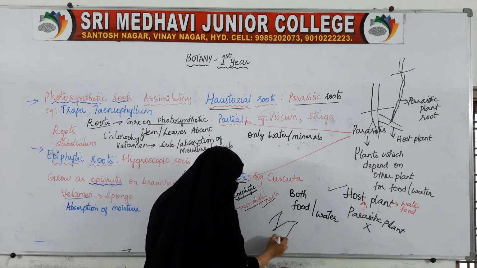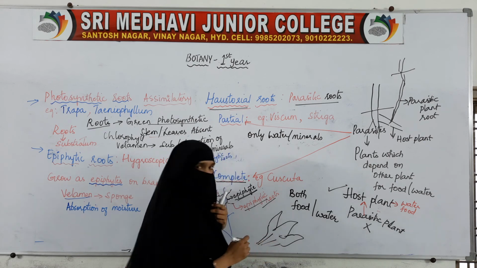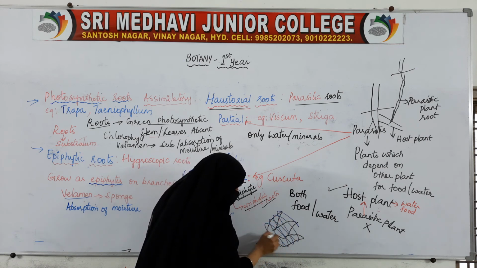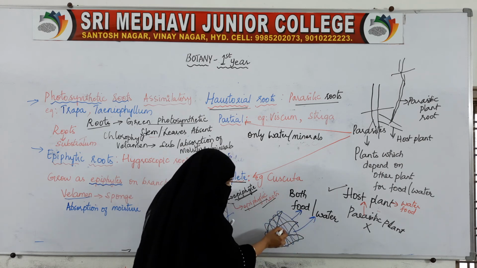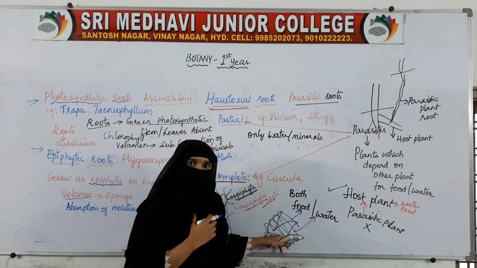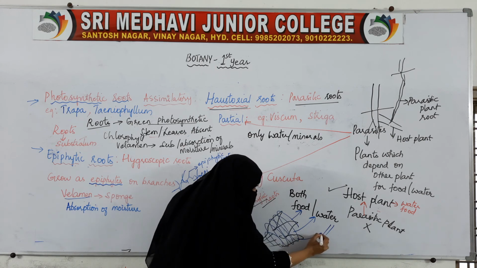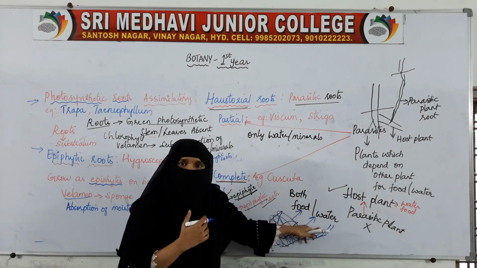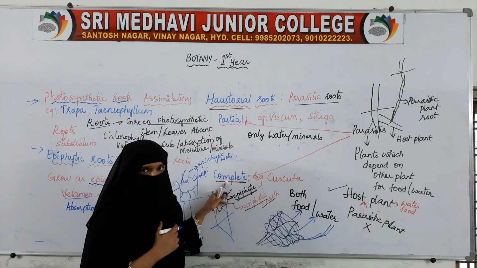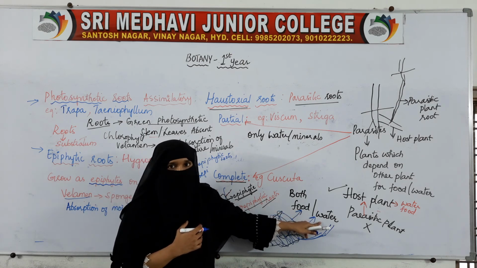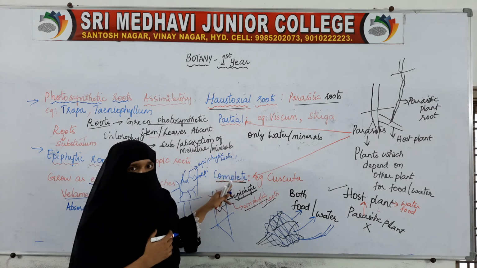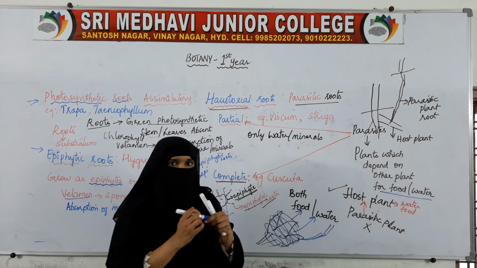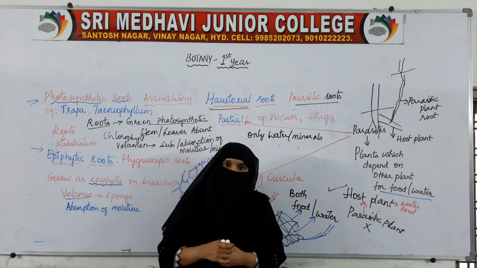For example, this is one plant, and the roots of the parasite will entwine themselves on the whole plant and take both food as well as water from it. Such plants are called complete parasites, which depend on the host for both food and water. In both cases, the roots of these plants attack the host plant, and such plants are called parasitic plants, and their roots are called parasitic roots.